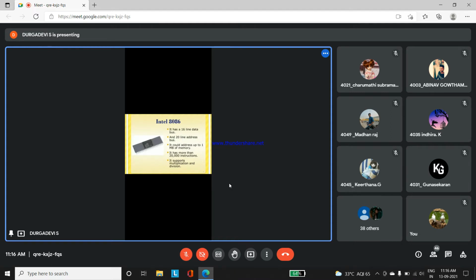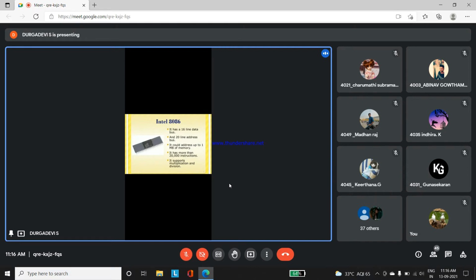Third point, the address lines and the memory which you are going to connect to your processor are linked. Because here you have 20 address lines, so 2 power 20, 1 megabyte. So 1 megabyte of memory you can connect to your processor. You cannot connect more than that.